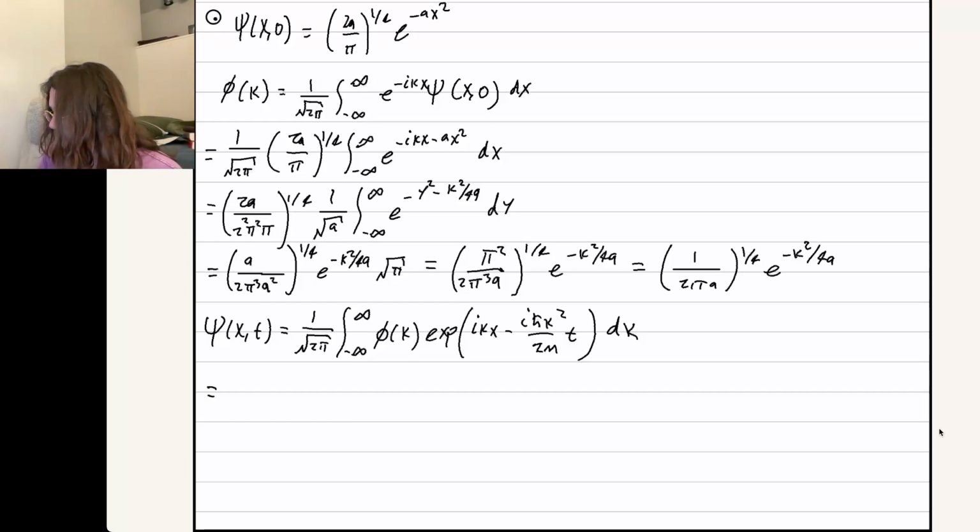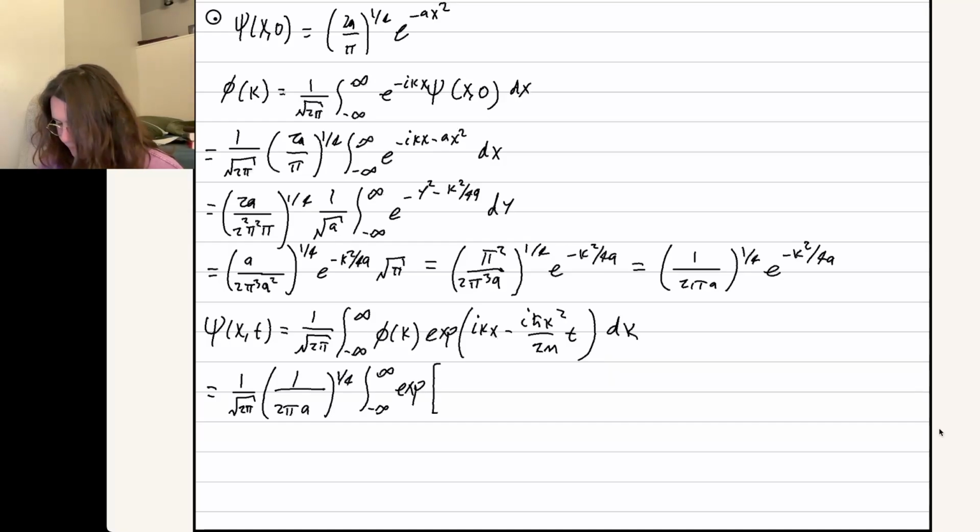So for us, that looks like 1 over root 2 pi. We have the (1 over 2 pi a) to the 1/4 thing. And then we have the integral of a bunch of exponents. We have ikx minus i h bar k squared t over 2m minus k squared over 4a dk.